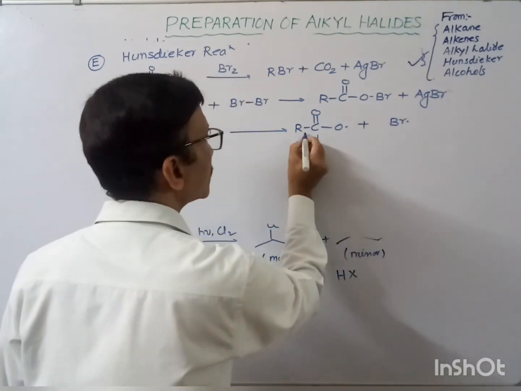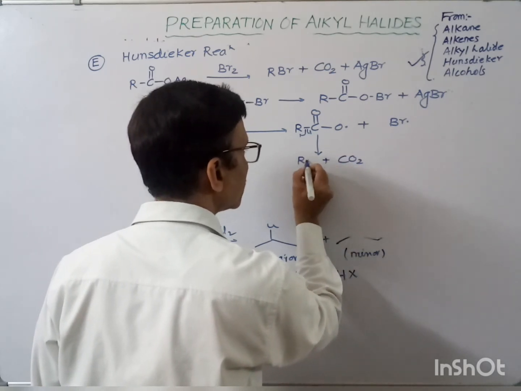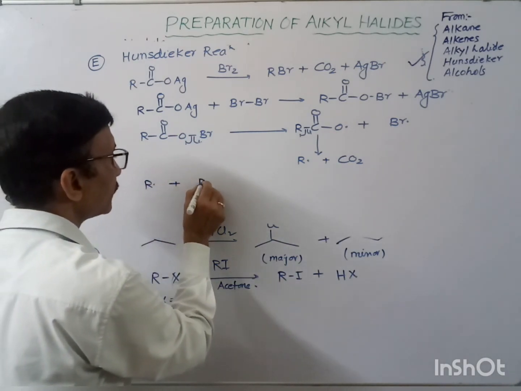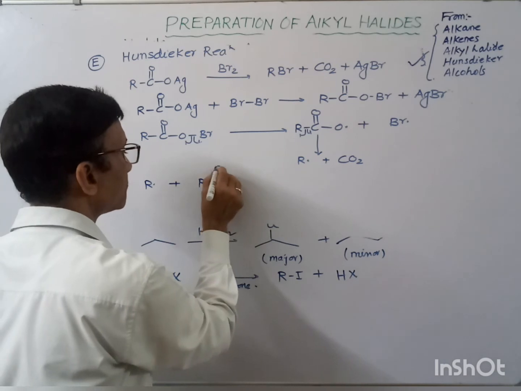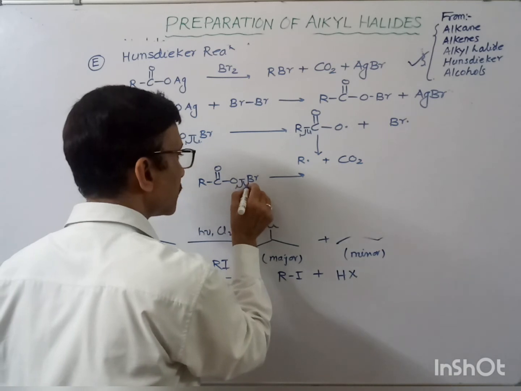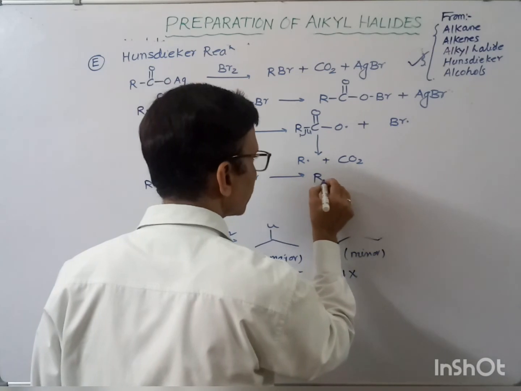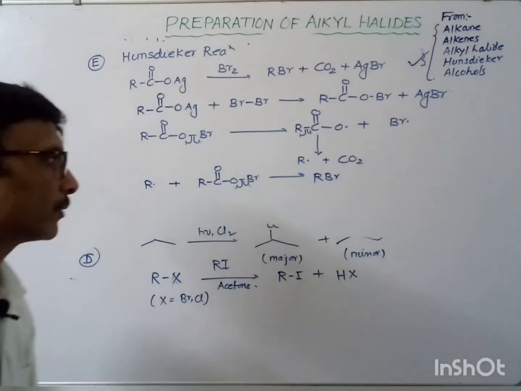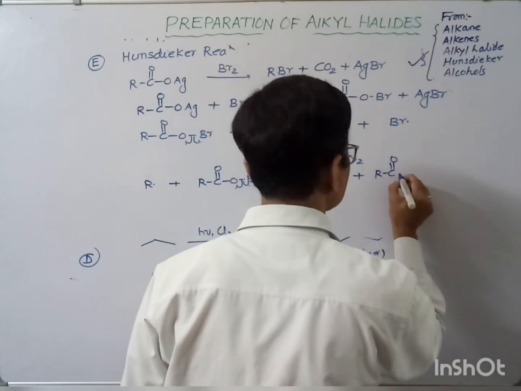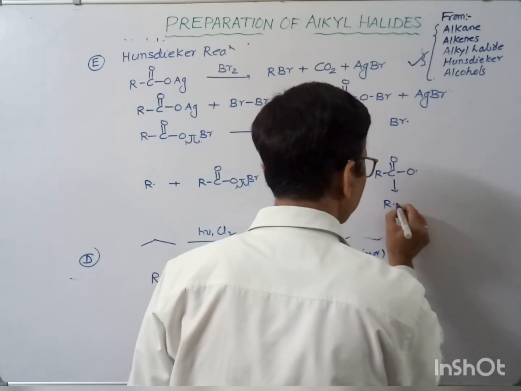Now further the CO2 molecule will be released, and we have the alkyl radical. Now this alkyl radical again will combine with one of these molecules, and this bromine radical and this alkyl radical will give the alkyl bromide, and plus we have another alkyl radical again.